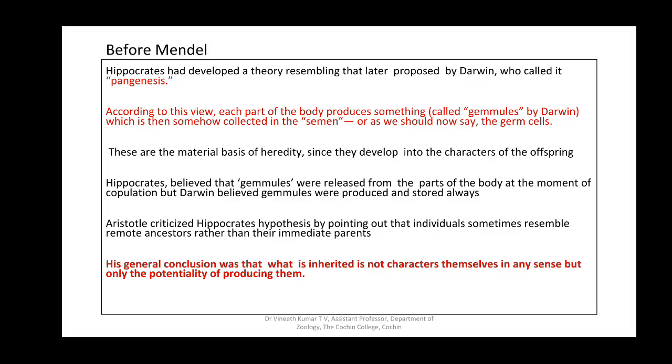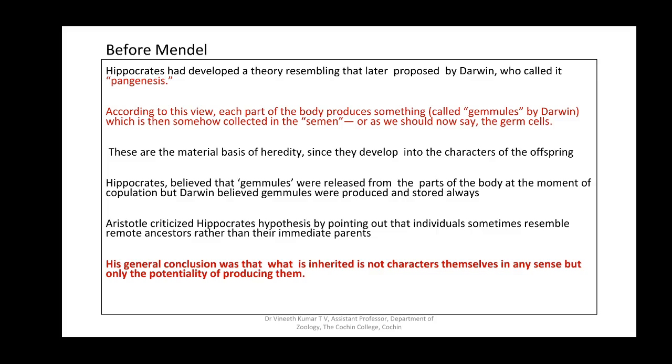But Darwin considered that the controlling factors of the features were always released into the bloodstream and deposited. As a result, the characters can be inherited by the next generation.